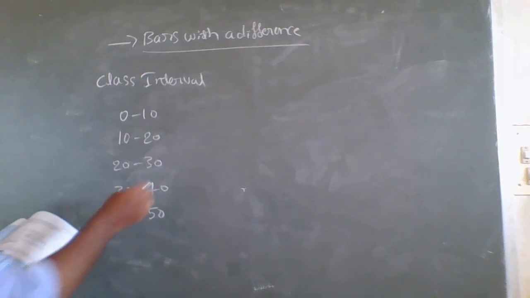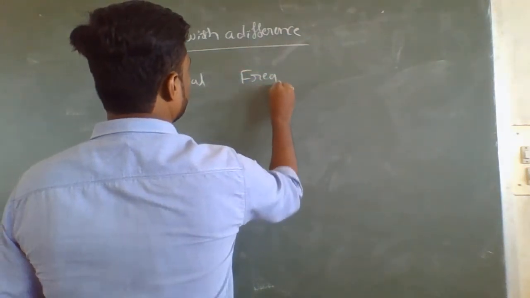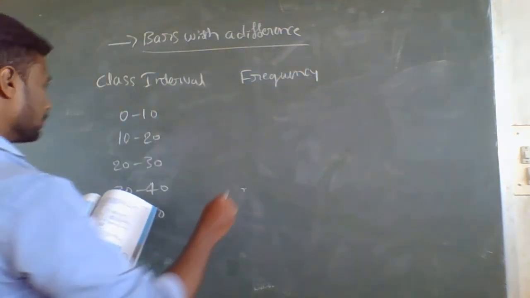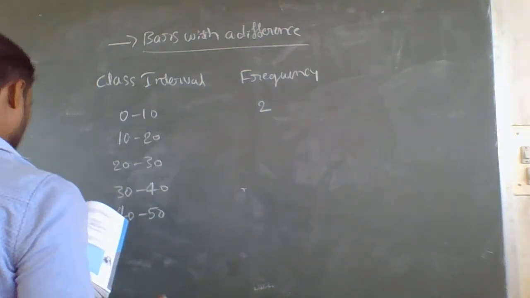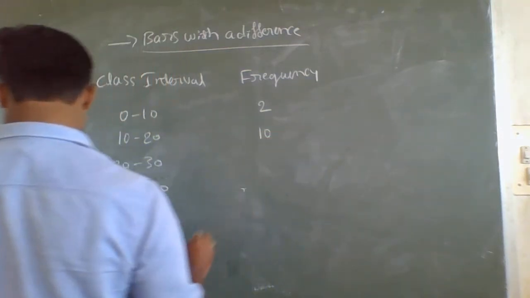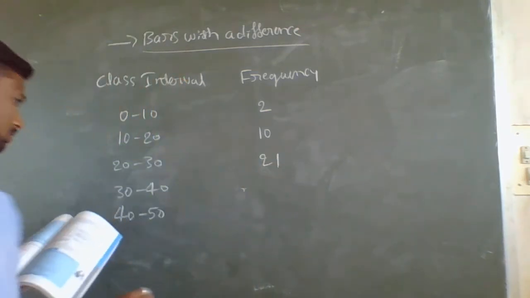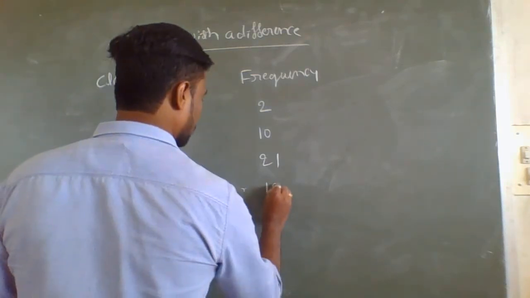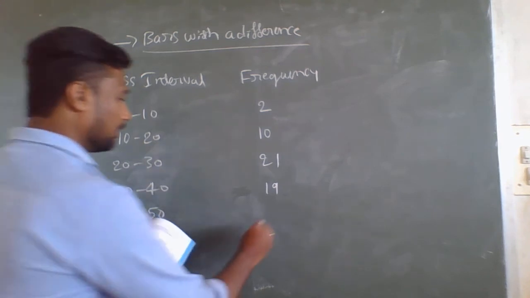Again, what frequencies have they given? 0 to 10, 2 students; 10 to 20, 10; 20 to 30, 21; 30 to 40, 19; 40 to 50, here I will write 8.